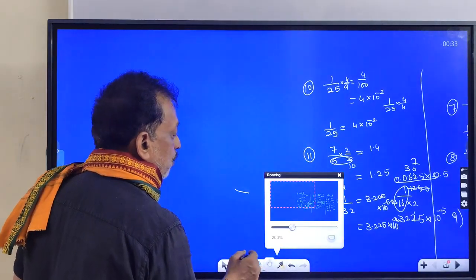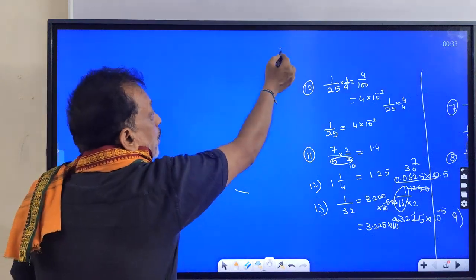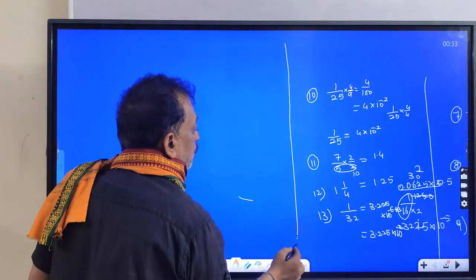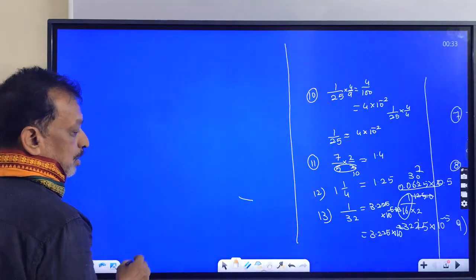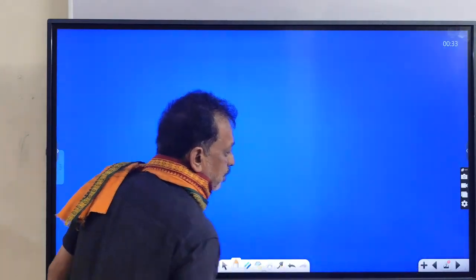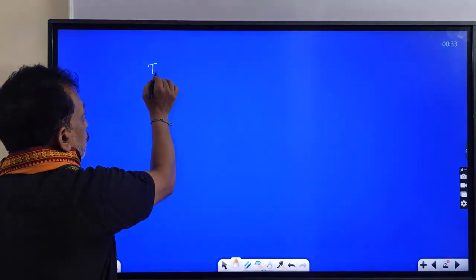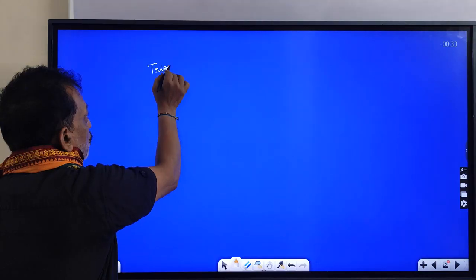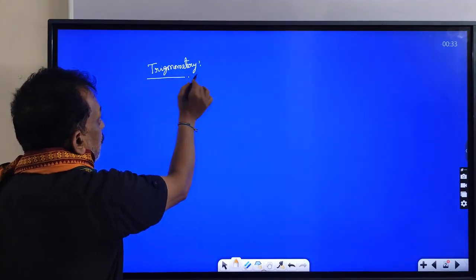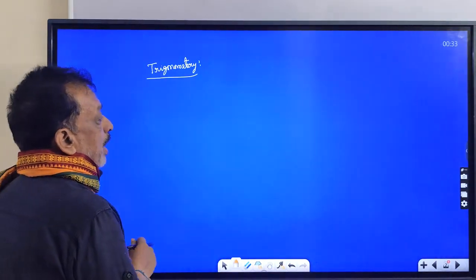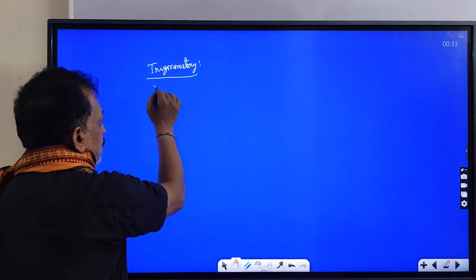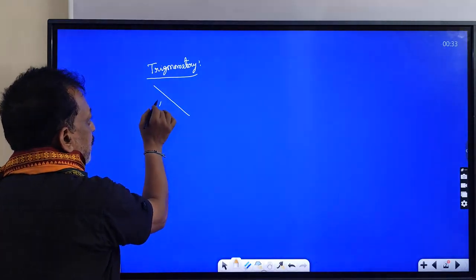Now trigonometry. Trigonometry values you know very well, all of you. So I'll go to the trigonometry values. The value tables, you might know: this is the angle and this is the trigonometric ratio.